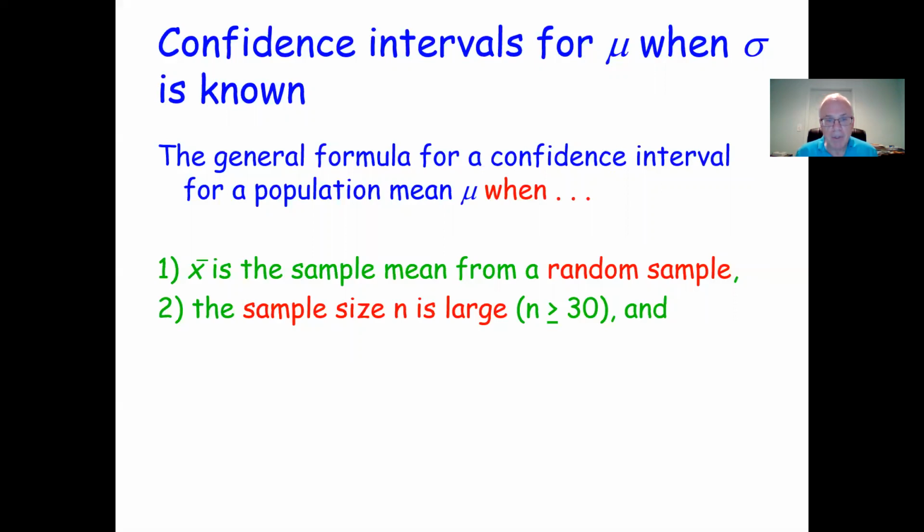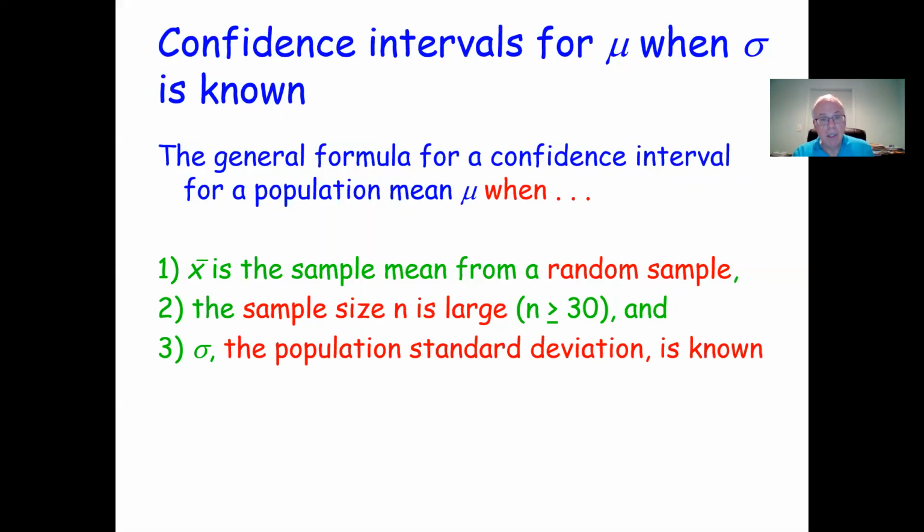That is, the sample size has to be at least 30, or if we happen to know that the population is normally distributed, then it doesn't matter. The sample size could be any size. But if we know nothing about the population we're measuring, we must make sure that the sample size is at least 30.